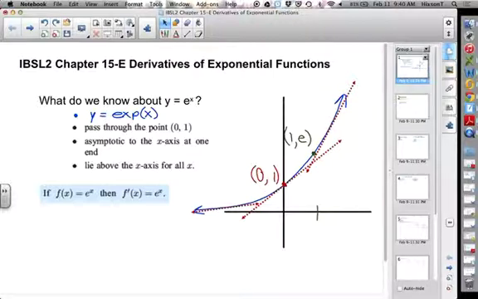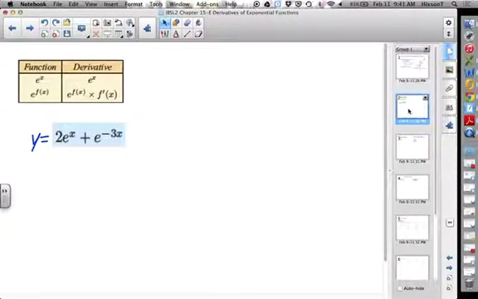As you can anticipate, it doesn't take a whole lot of practice to get this one down. Where it gets a little trickier is the fact that we're going to be using this in addition to our product rule, our quotient rule, and our chain rule. So once you've memorized that, then we can use it with our product rule, our quotient rule, and our chain rule.